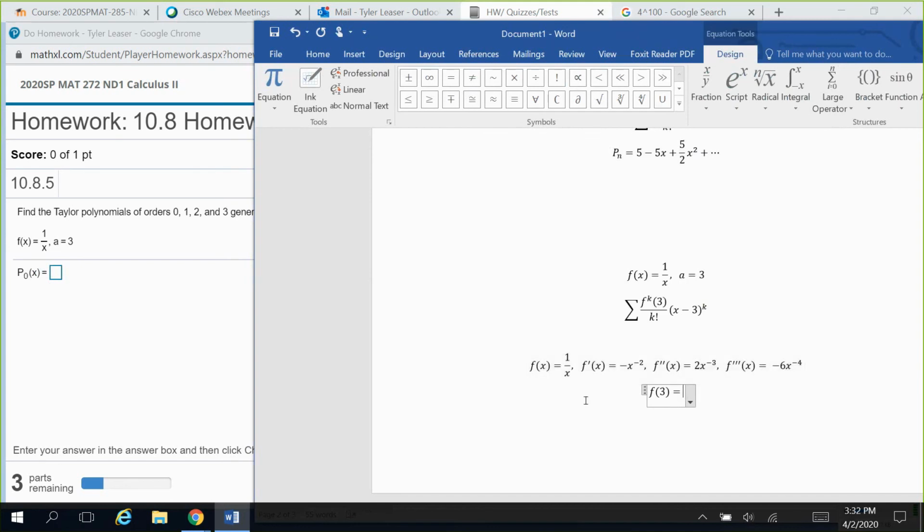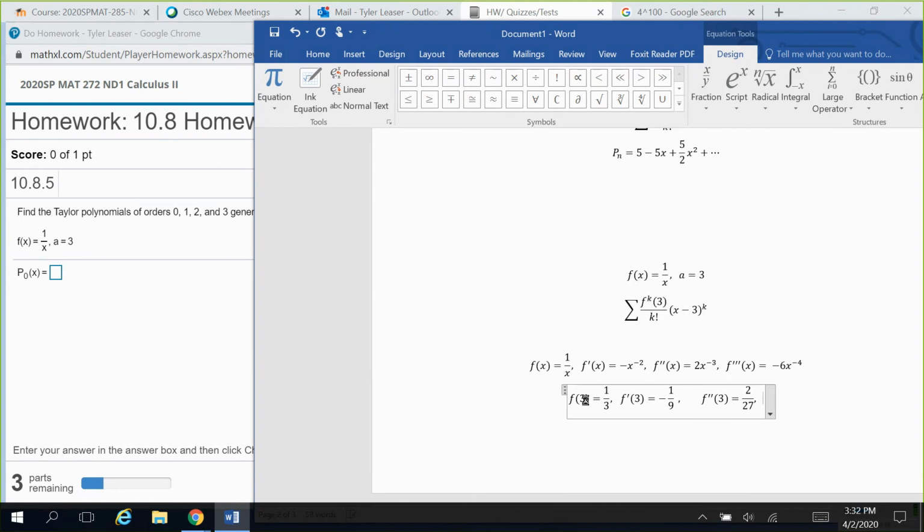So f(x) equals 1 over x means that f(3) is 1/3. The first derivative at 3, plugging 3 in, I get negative 1 over 3 squared, which is negative 1/9. The second derivative, plugging in 3, we get 2 divided by 27.